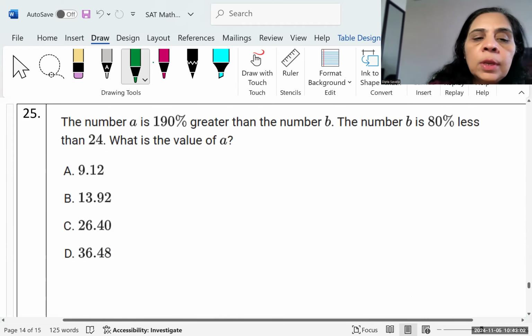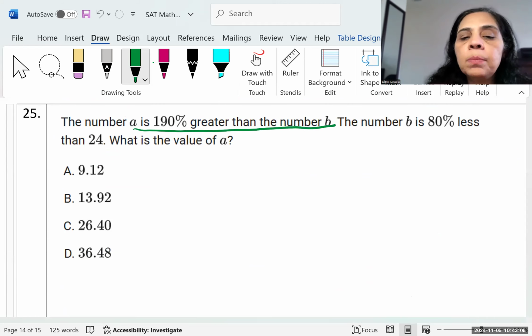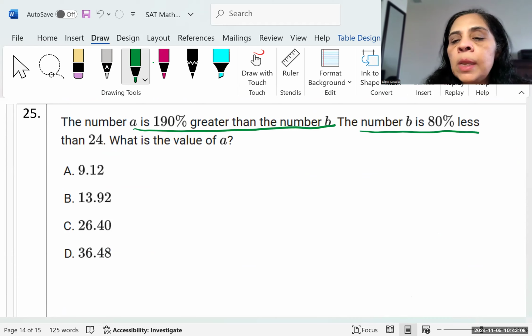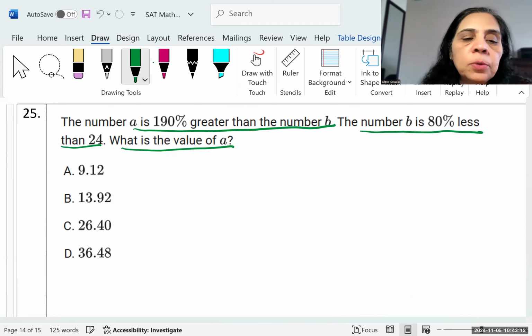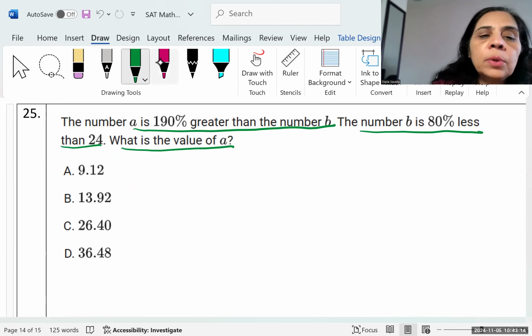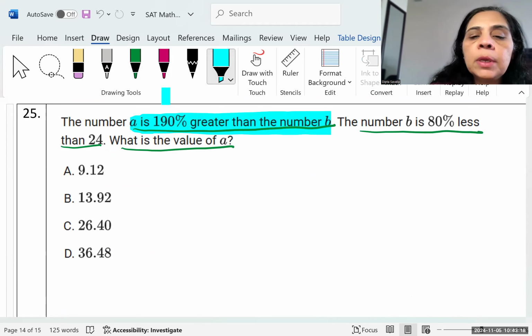All right. The number A is 190% greater than B. The number B is 80% less than 24. What is the value of A? However we read it, we can just write down the statement here.